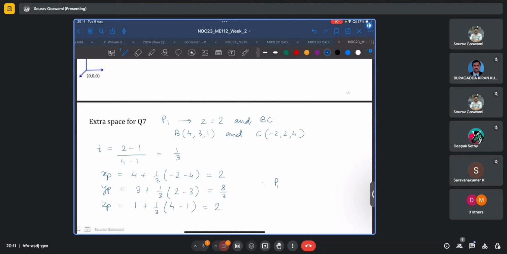Therefore, P1 has the coordinates 2, 8 by 3 and 2.